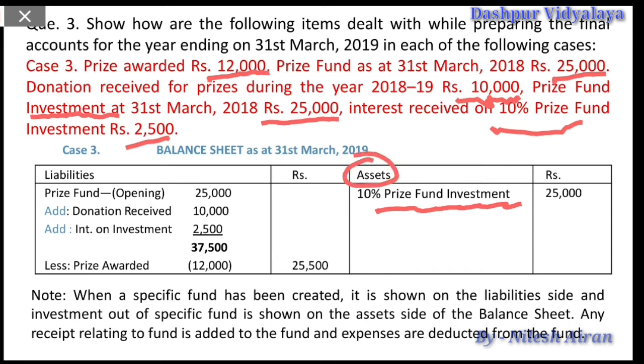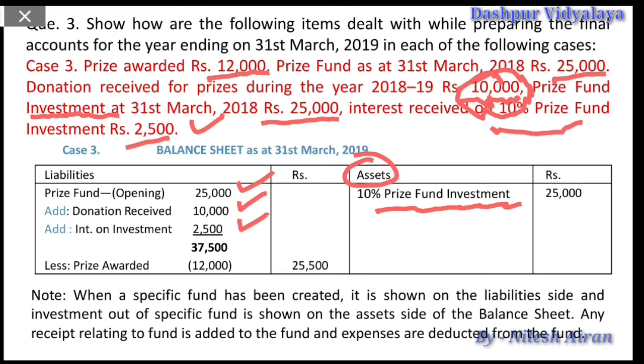Now we are given here the prize fund rupees 25,000. Then we have received 10,000 rupees for the donation. Donation received rupees 10,000. Then we have also received interest on investment. So interest on prize fund investment is not a general income, but it is a specific income.